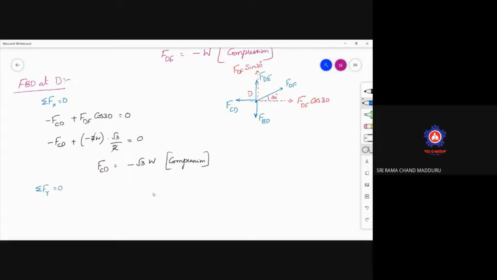Sigma Fy equal to 0. In this case, plus FDE plus FDF sin 30 minus FBD equal to 0.